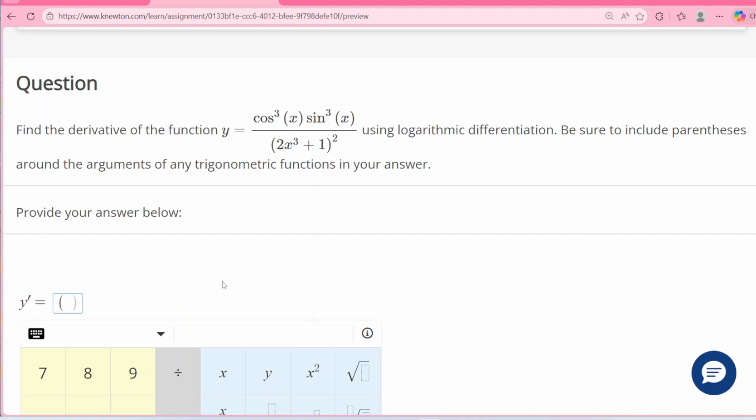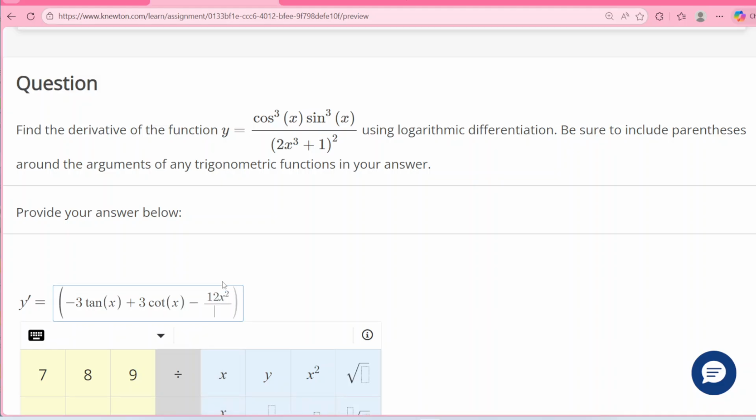All right, so y prime equals, in parentheses, negative 3 times the tangent of x plus 3 times the cotangent of x, and we had minus 12x squared over 2x cubed plus 1. Then all of this times y, which was cosine cubed of x times sine cubed.